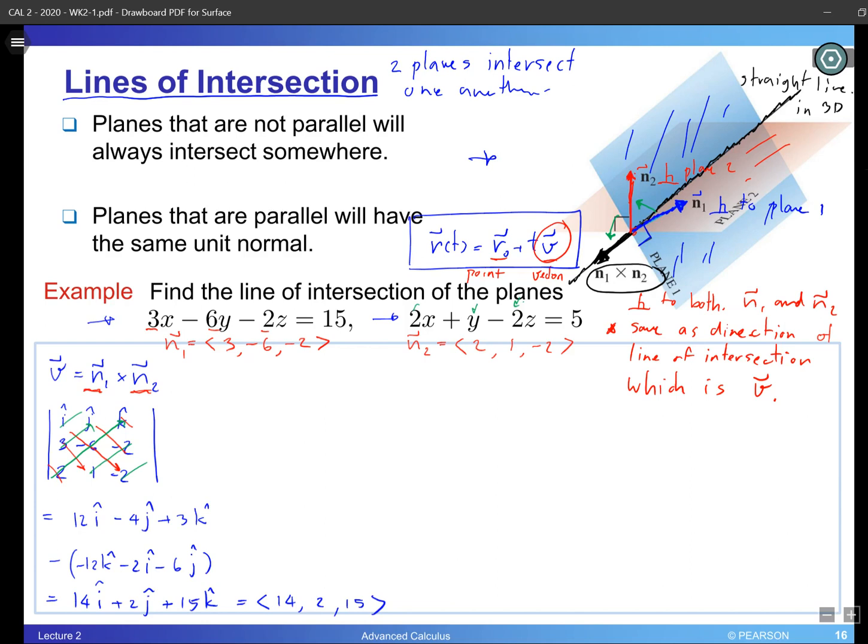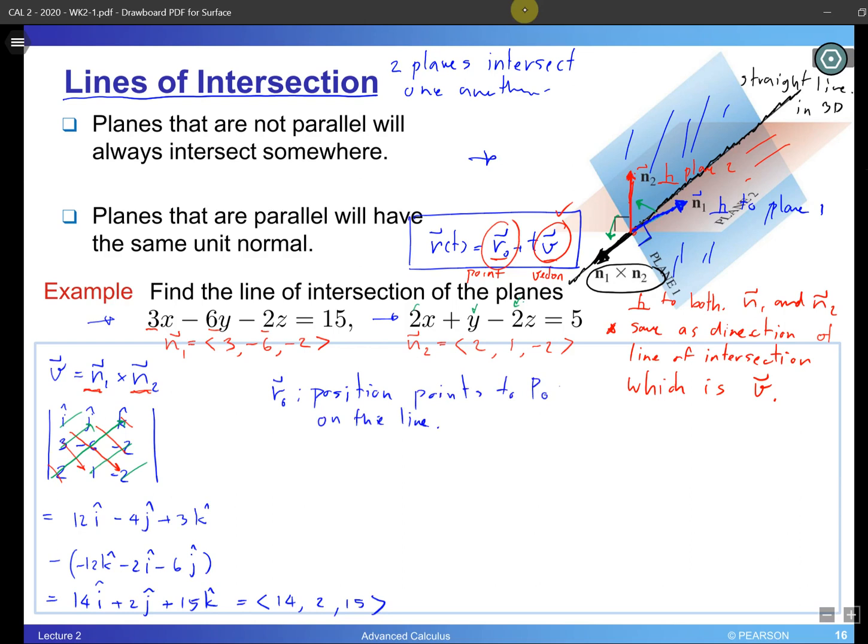So this vector v that we want is already done. Now what we need is this vector r0. Let's make a note here: vector r0 is a position vector that points to a point P0 on the line.